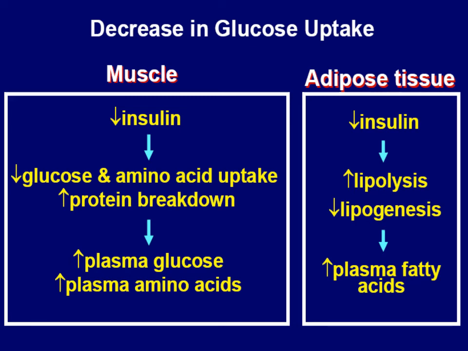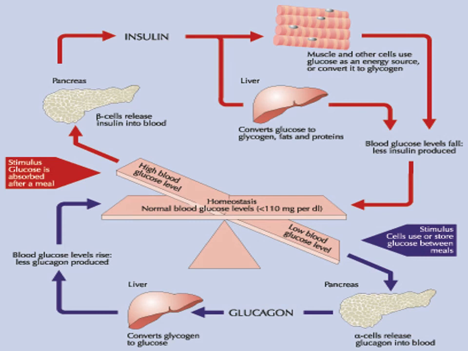This will lead to increase in plasma glucose, and increase in plasma amino acids due to the breakdown of protein of the muscle. In adipose tissue, the decrease in insulin secretion will lead to increased lipolysis and decreased lipogenesis. This will result in an increase in blood fatty acids.